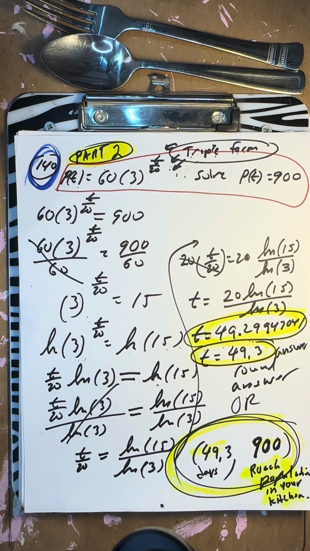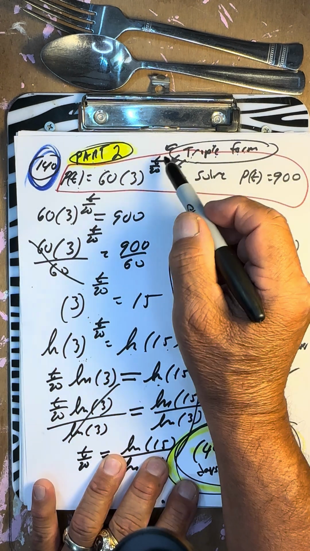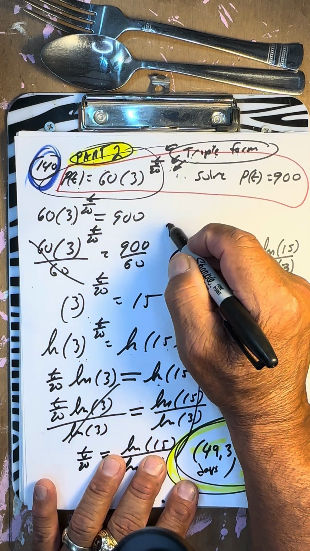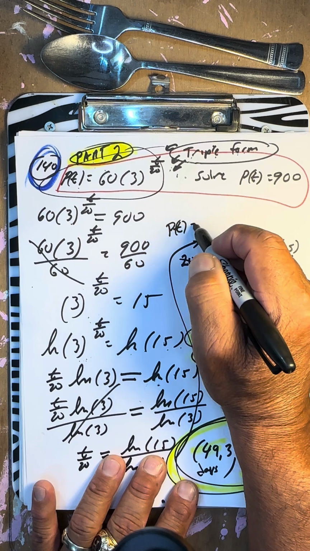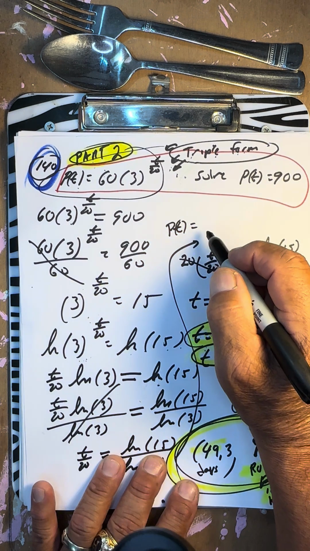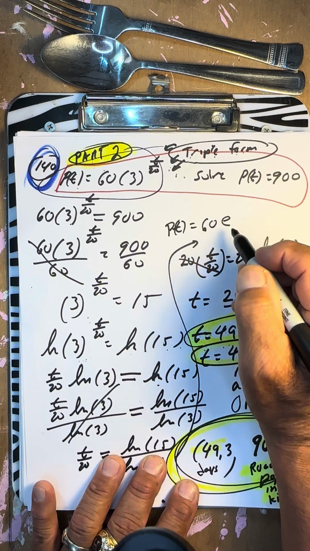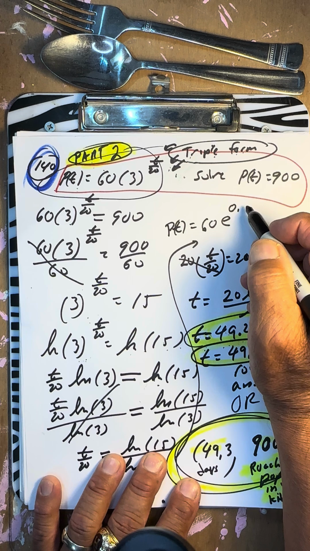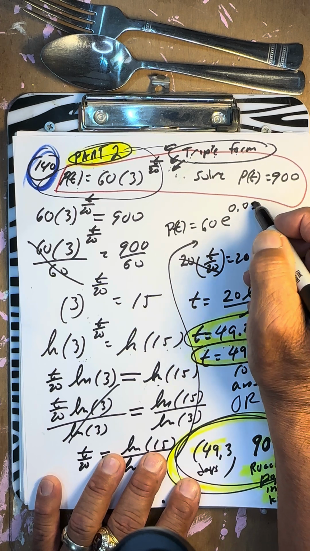Okay, and then one other thing I was thinking about right now is you can rewrite this formula right here. Another way to write it, let me see. You can also write it this way. P of t equals, let me see, 60 e to the power of 0.055 t.